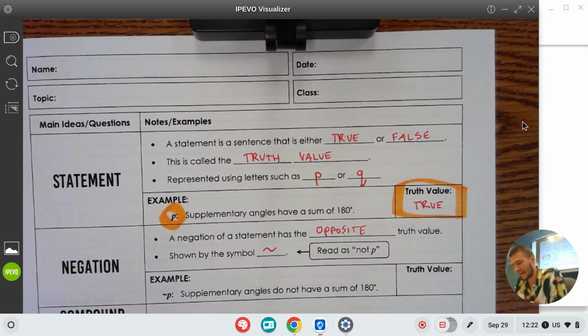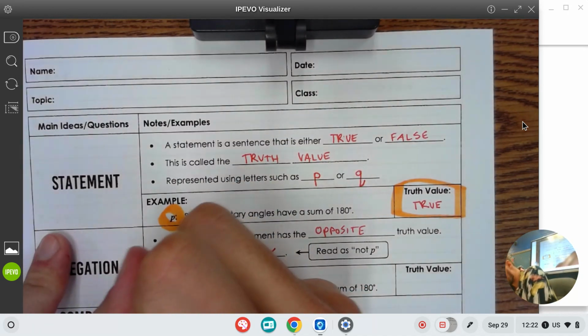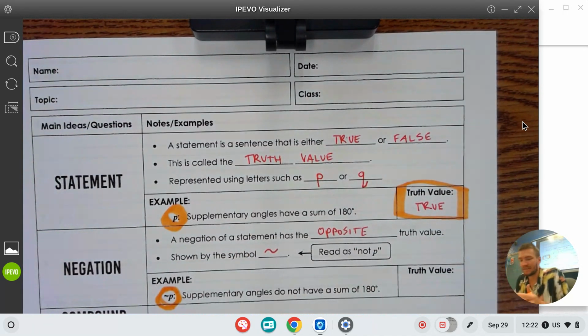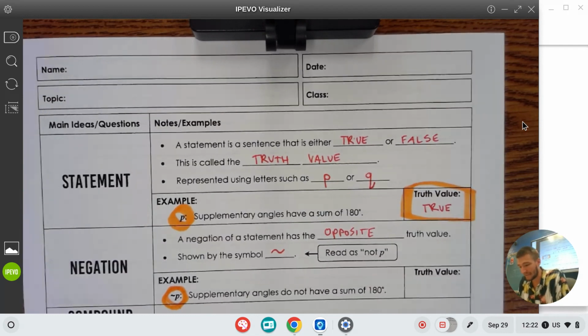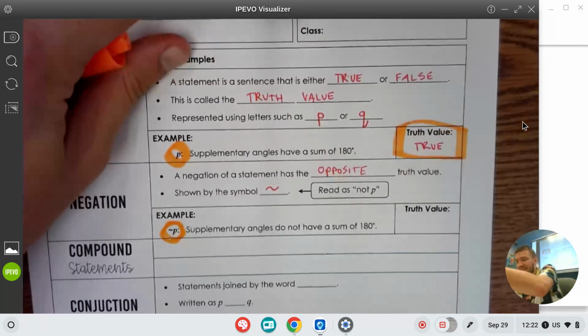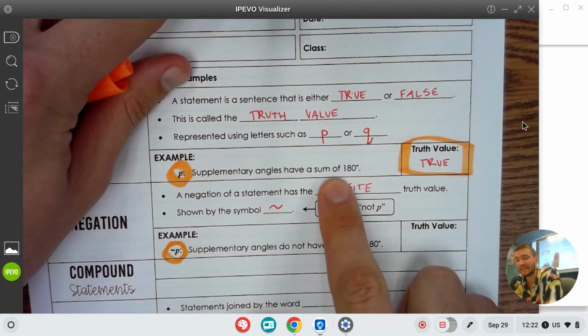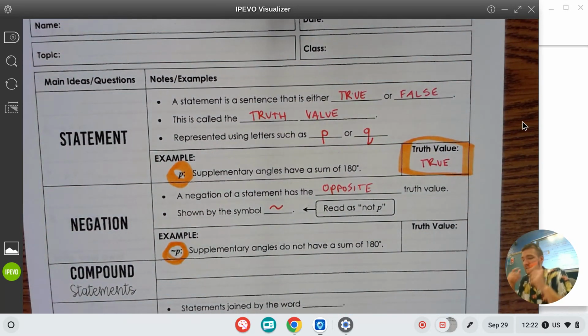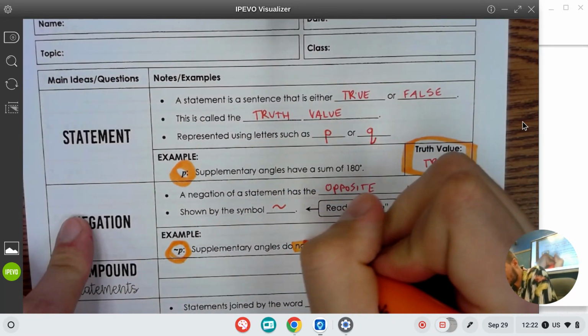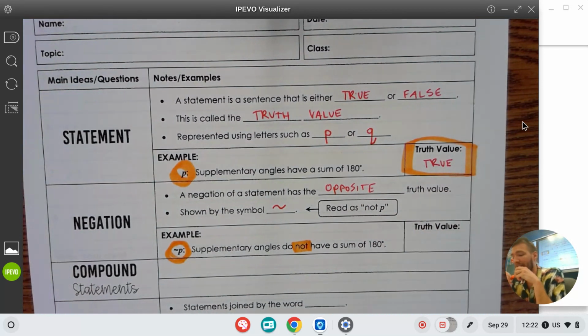So again, if we look at this example, squiggly line P is the same statement as P, but with a big not in there. So it says, supplementary angles do not have a sum of 180.